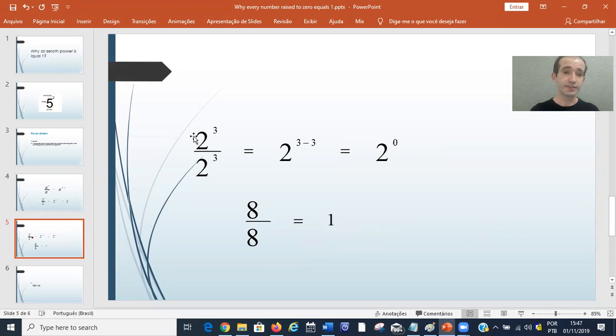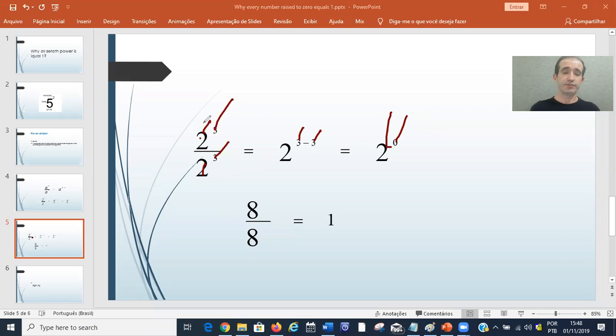Now we have the answer through another example. You are going to understand why any zeroth power is equal to 1. Just a second, we have here our pencil. 2 to the third power divided by 2 to the third power. You can solve this by subtracting their exponents, and you get the result 2 to the power 0, right?